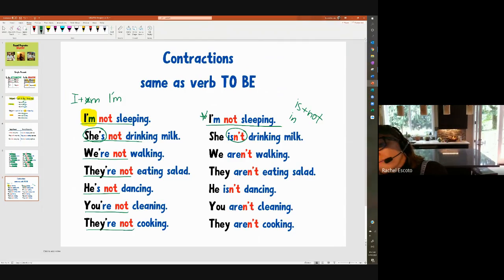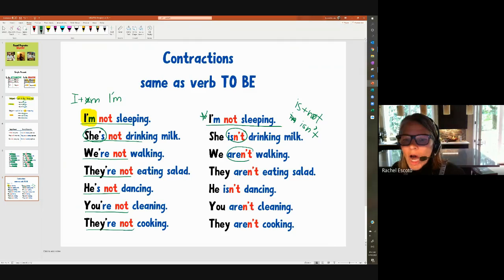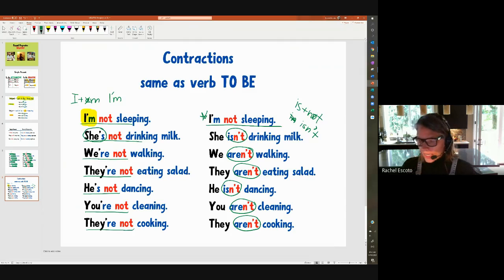We get rid of the O, the vowel, and we make isn't. So she isn't, we aren't walking, they aren't eating salad, he isn't dancing, you aren't cleaning, they aren't cooking.